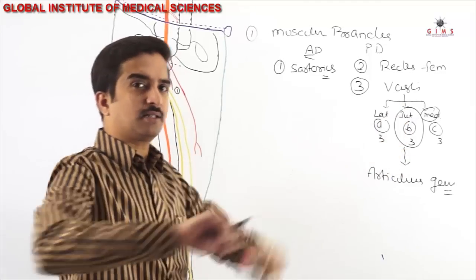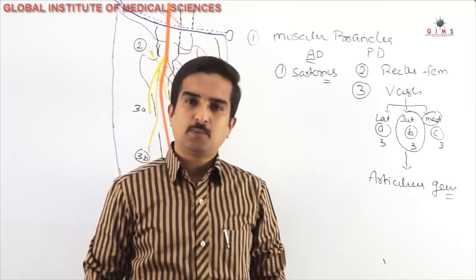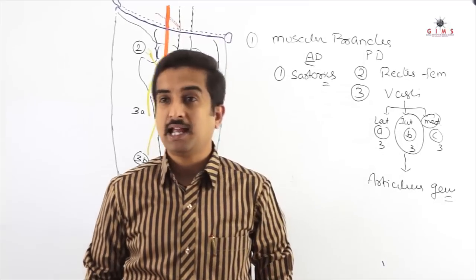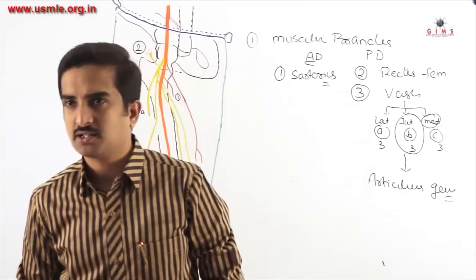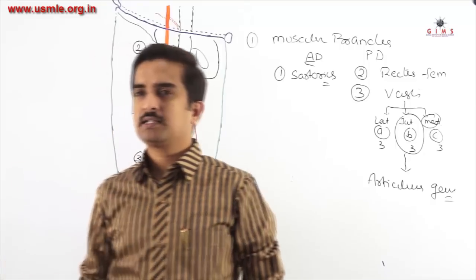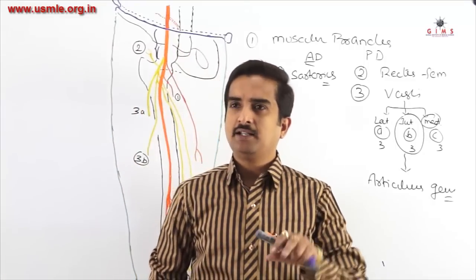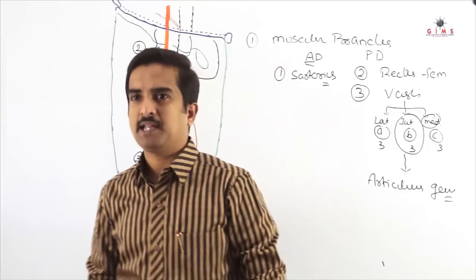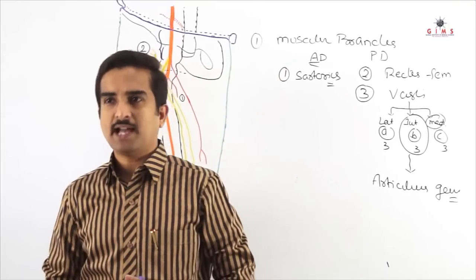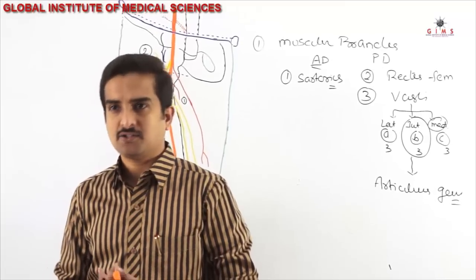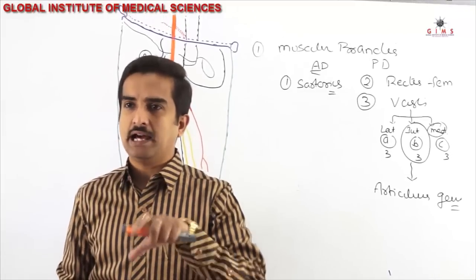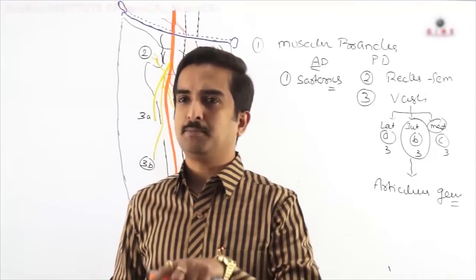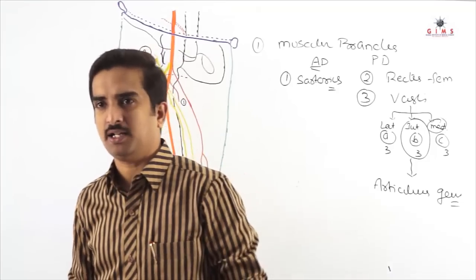So these are the muscular branches innervated by the anterior as well as the posterior divisions of the femoral nerve. A quick review: the anterior division supplies the sartorius, the posterior division supplies the rectus femoris, 3 vasti, and the articularis genu. At last I told you that the articularis genu is supplied by the branch from the vastus intermedius.